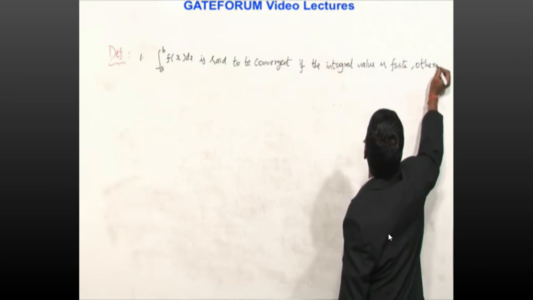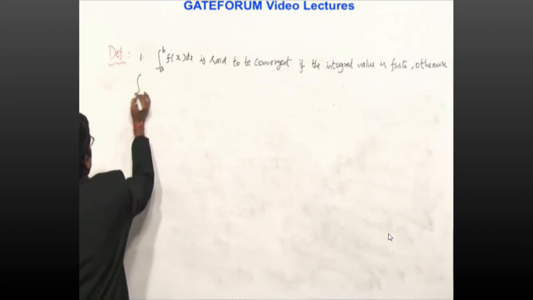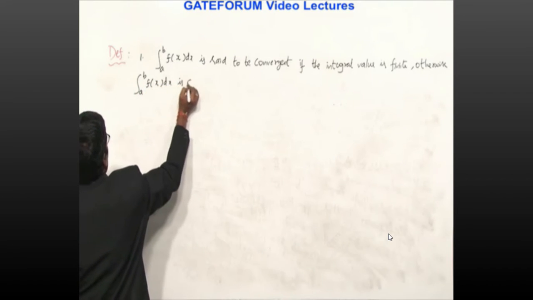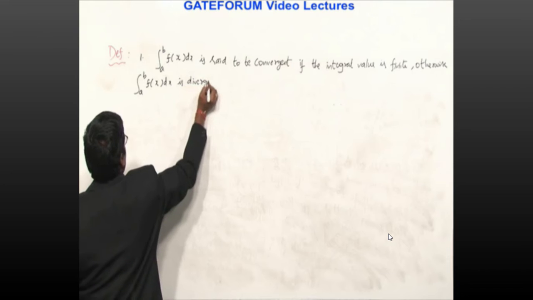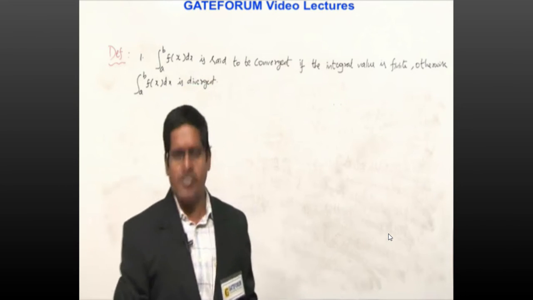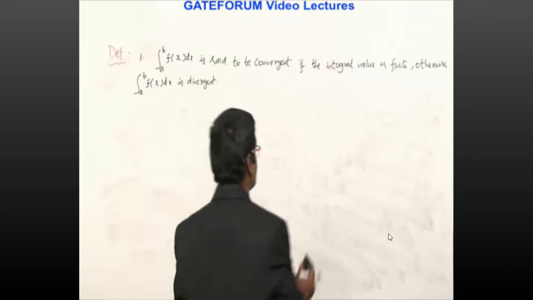Otherwise, integral a to b f of x dx is divergent. So while integrating a definite integral, if you get a finite value, that definite integral is called convergent, otherwise it is called divergent.